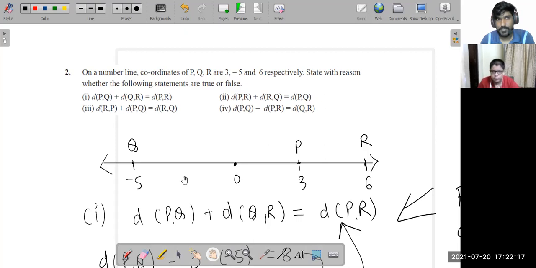So LHS is equal to RHS. So the third one is true.